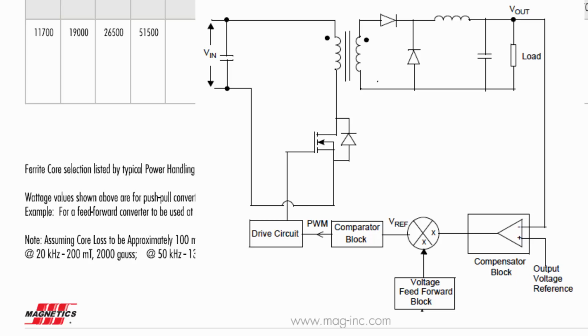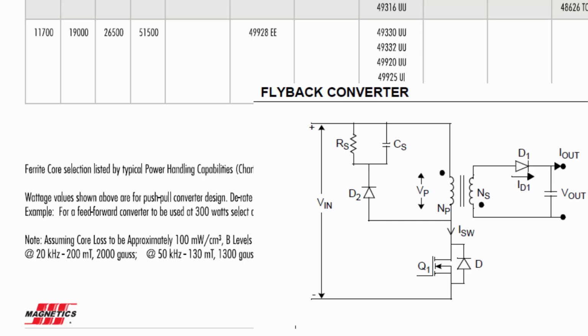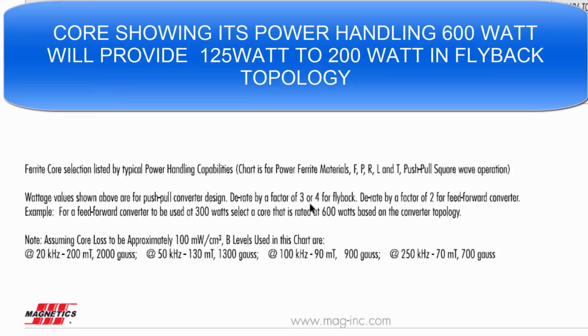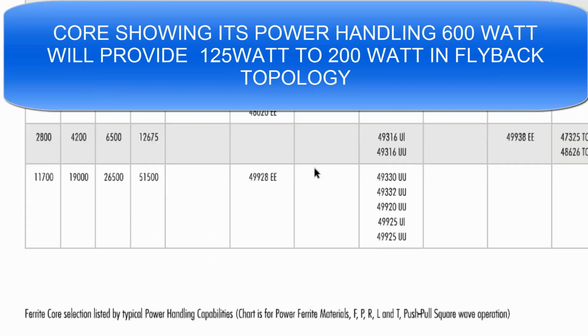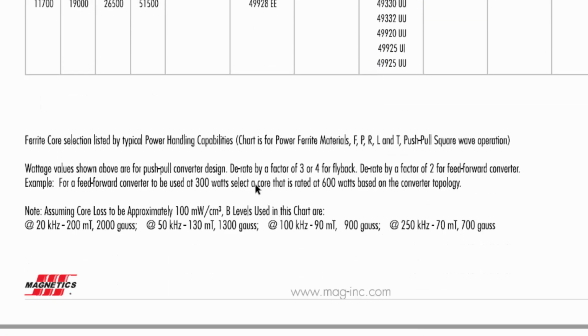If I want to take 300 watt from a feed forward converter, at that time I have to select a 600 watt core, because we have to derate by 2, we have to divide by 2, or divide by 3 or 4 for flyback. So if any core is showing 600 watt in the chart and you want to design a flyback, at that time you will divide it by 3 or 4. It is the derate factor.